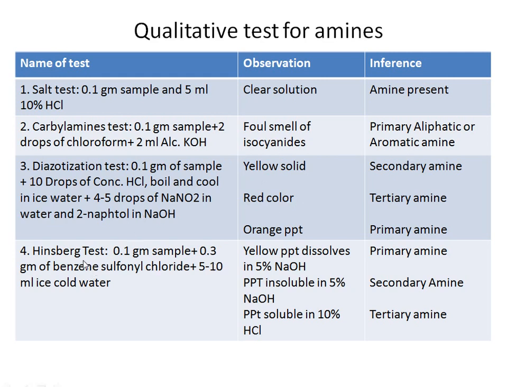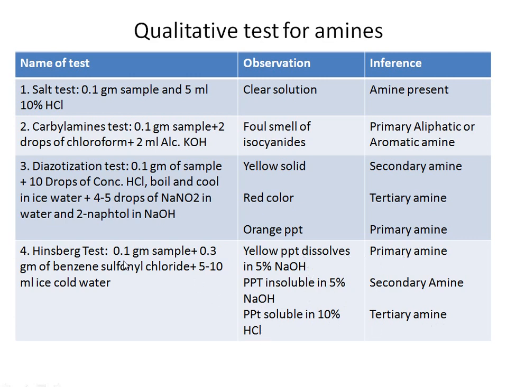Then the Hinsberg test. 0.1 gram of sample treated with benzenesulfonyl chloride and 5 to 10 drops of ice cold water. If you are getting a yellow precipitate that dissolves in NaOH, primary amine. Precipitate insoluble in 10% or 5% NaOH, secondary amine, and precipitate soluble in 10% HCl indicates tertiary amine.